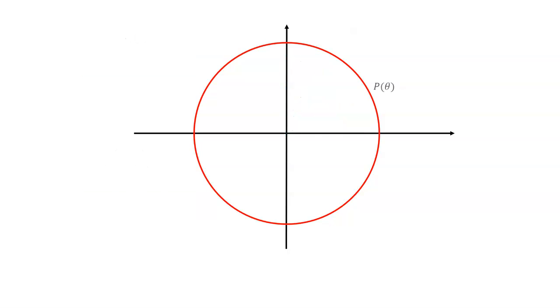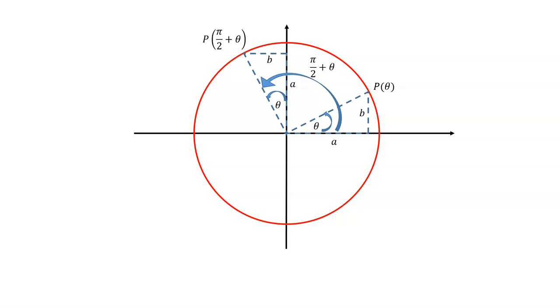I can also take this triangle and move it past pi on 2, the A's and B's being the same. This angle now is pi on 2 plus theta. For this point, sine of pi on 2 plus theta is equal to A, so that's equal to cos theta.